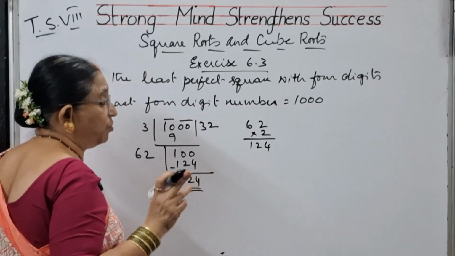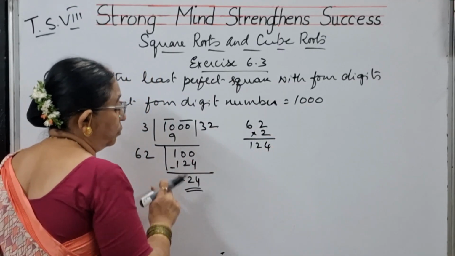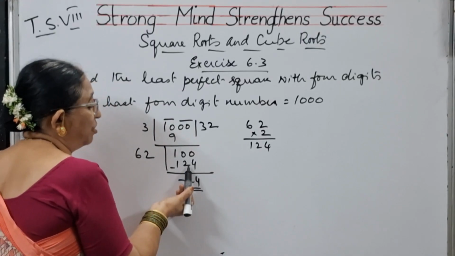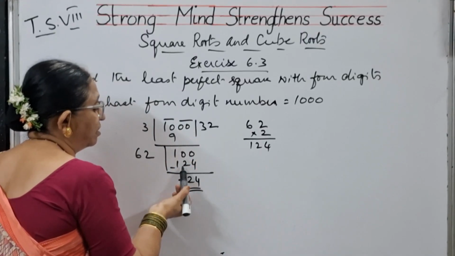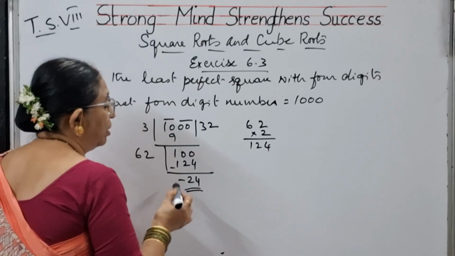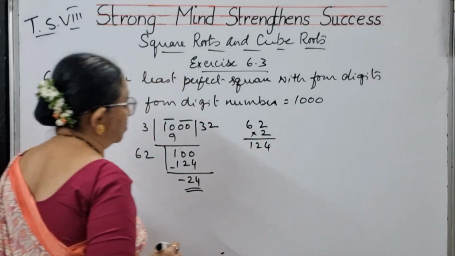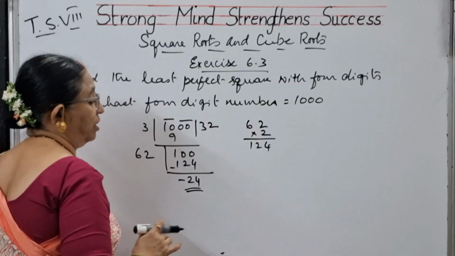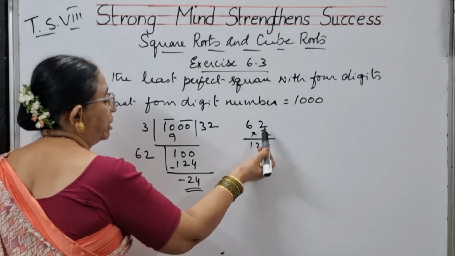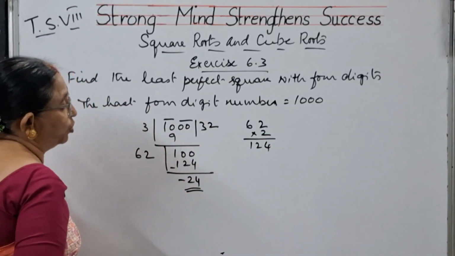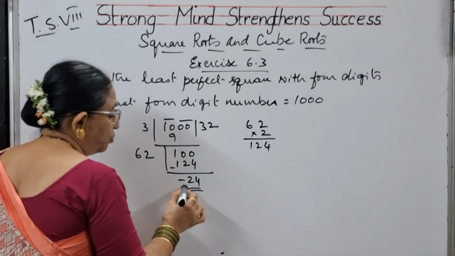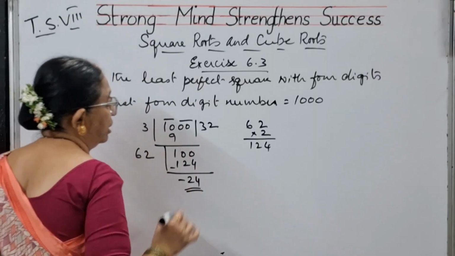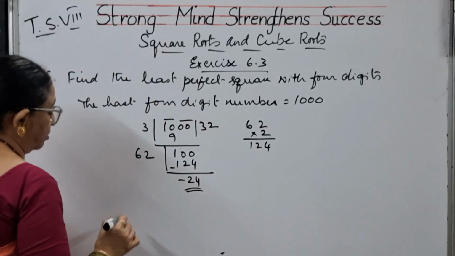So since he is asking for a 4-digit number, you need to take the extra value only. The extra value 1 means less, you will be getting 61 into 1 is 61. So 100 is extra, more than 61. So you have to take the number which is more than 100, by taking the next number, that is 2. That is 124. So 24 is less for making it a perfect square.